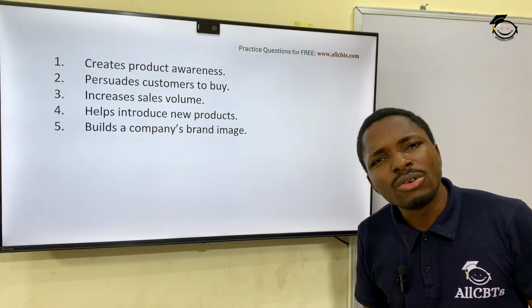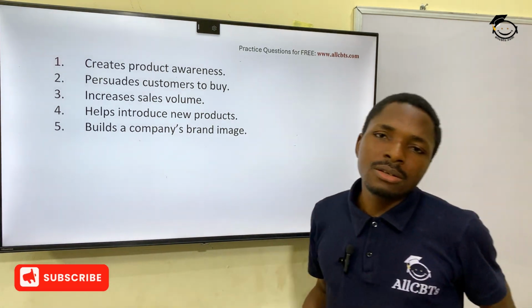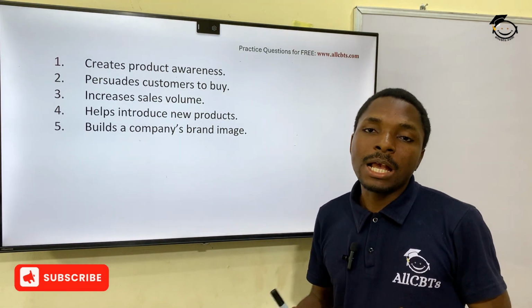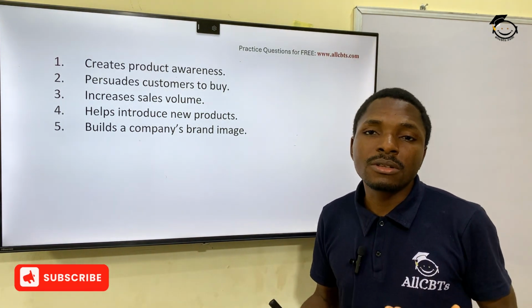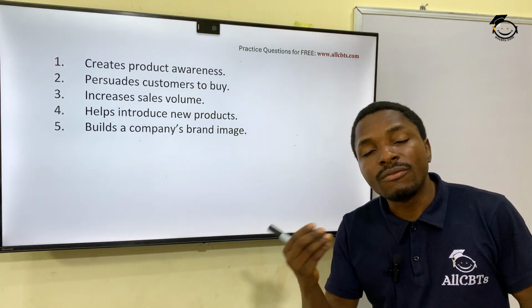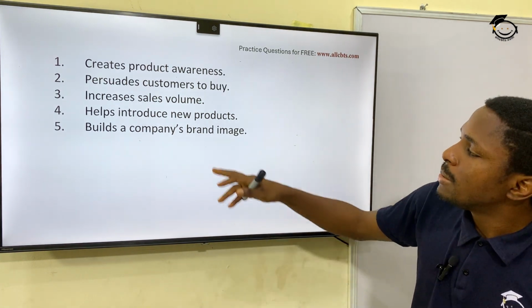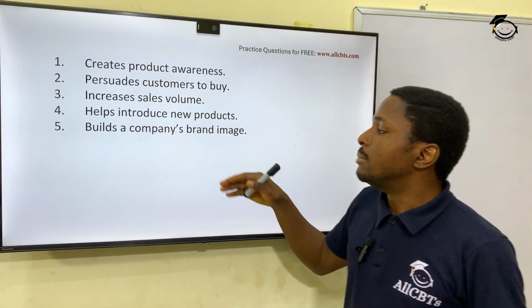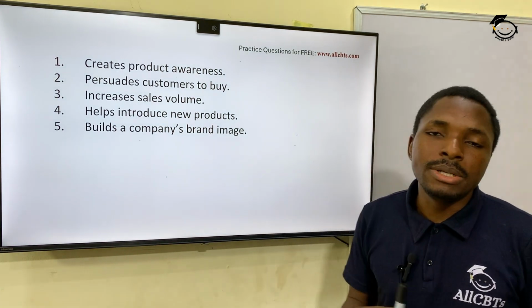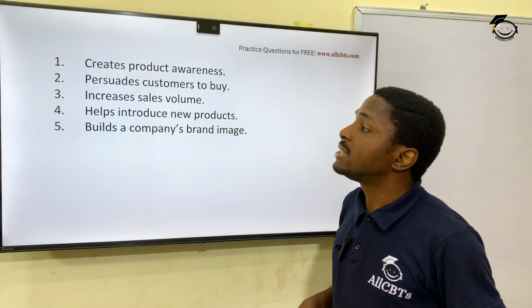Persons who didn't know that you have that product before, they know now. 2, it persuades customers to buy. As people see it often and often, they are persuaded to buy. It increases your sale volume, how much is coming into your purse. It helps to introduce new products. It builds a company brand image. All these are some of the advantages of advertising.